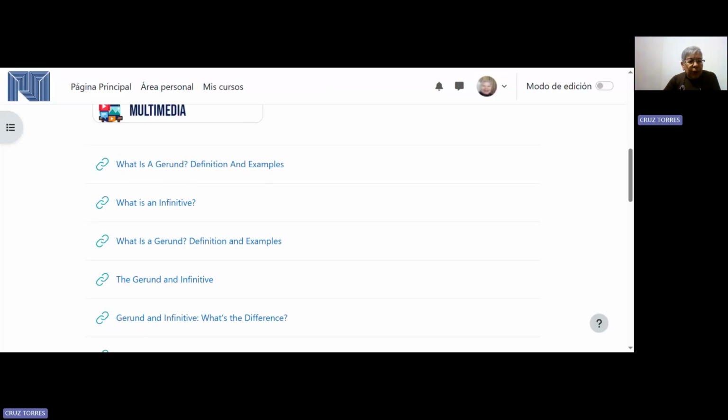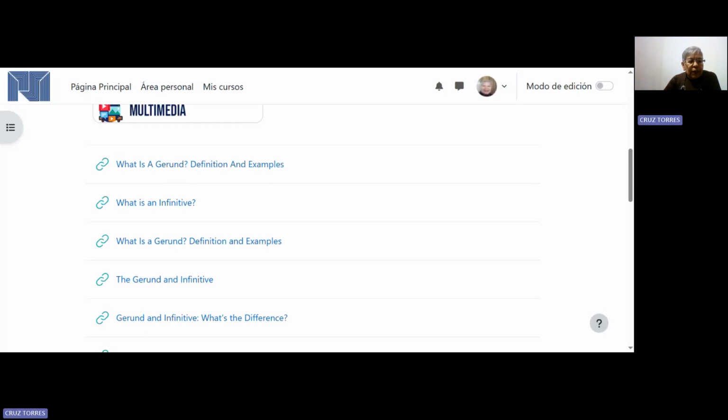To turn a verb into a gerund, all you need to do is add ing to the base form of the verb. The base form is the form of the verb you will find if you look it up in the dictionary. When making a gerund, there are a few things to watch out for.